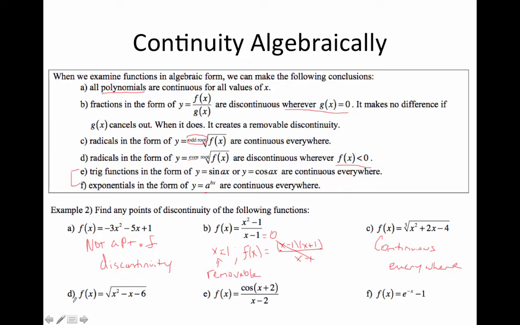Just be careful with D. You want to make sure, since this is a square root, that the radicand, x squared minus x minus 6, has to be positive, so you're going to have to do some work with quadratic inequalities, which I know you've done before in Algebra 2 and Pre-Calc. You're going to use a number line and figure out what interval would make this negative, because in that interval of values, this graph will not be continuous.